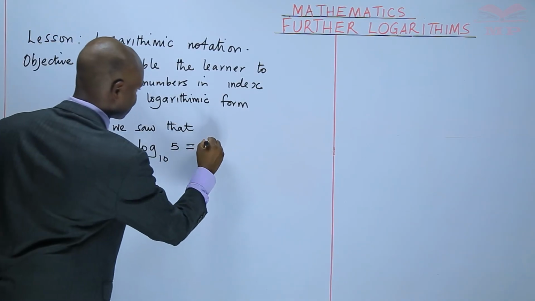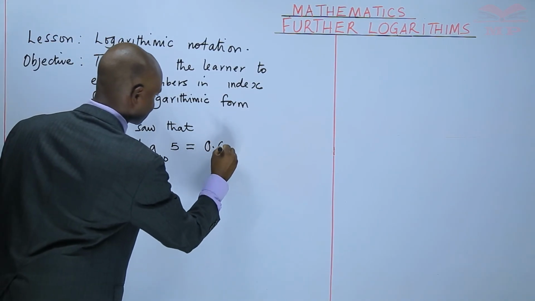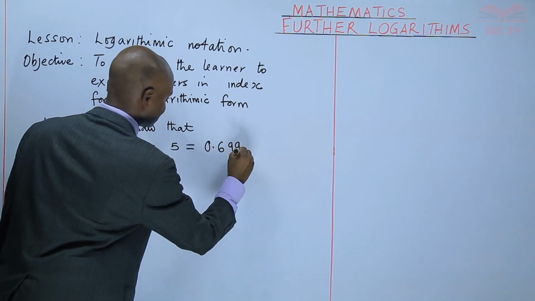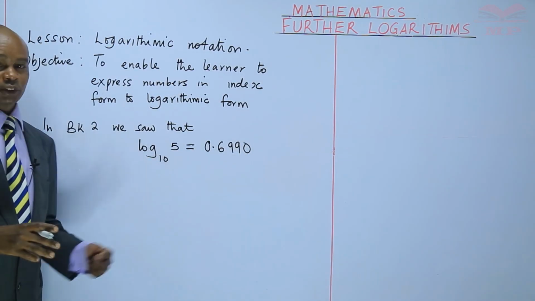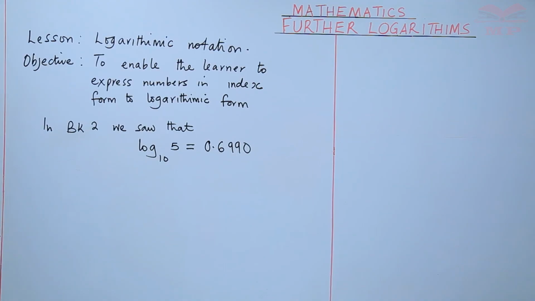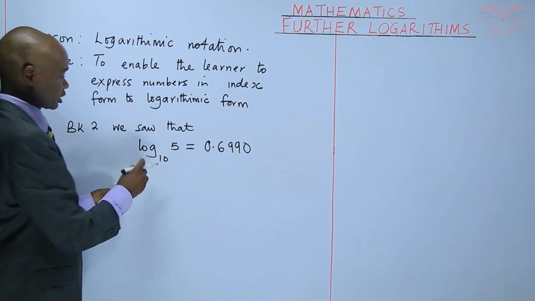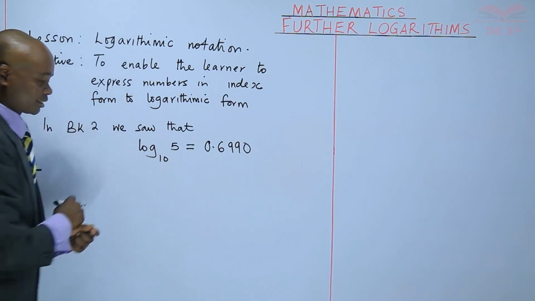If you look in your tables, it is 0.6990. So from book 2, we shall easily come and understand that. This simply means logarithm of 5 base 10.